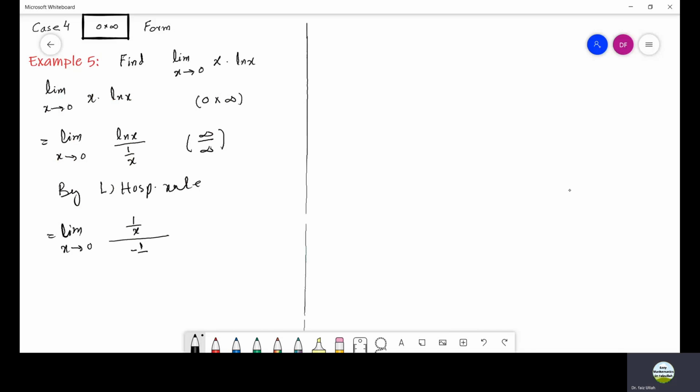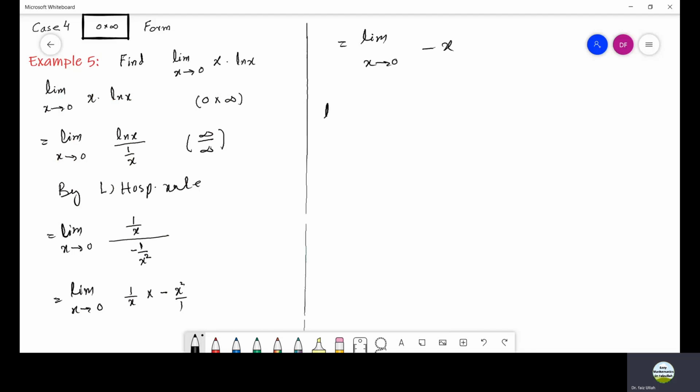So the differentiation of 1 over x is minus 1 over x square. Let us simplify this. So we have the limit as x approaches 0 of 1 over x into minus x square by 1. And from this we can get the limit as x approaches 0 of minus x.